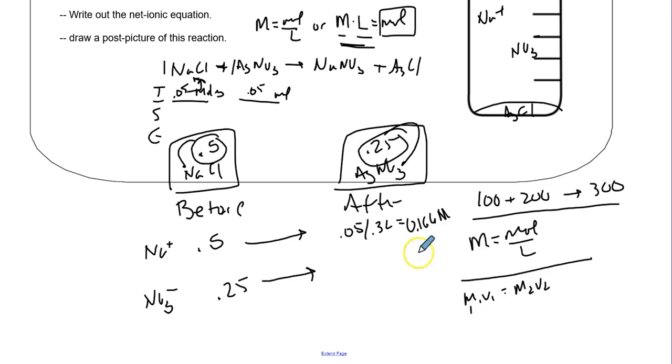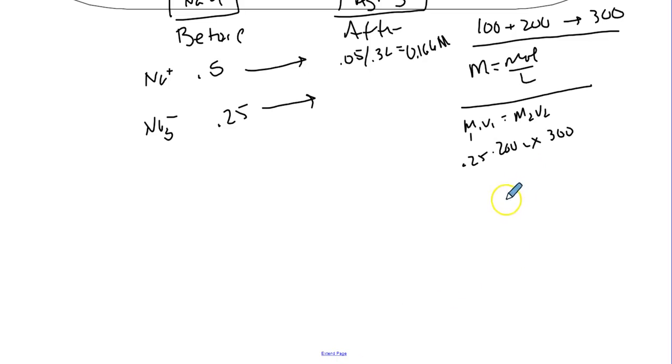Initial concentration of the silver nitrate is 0.25, initial volume 200 milliliters, and ending volume 300 milliliters. So 0.25 times 200 divided by 300 equals 0.166, which is the same as the other one.